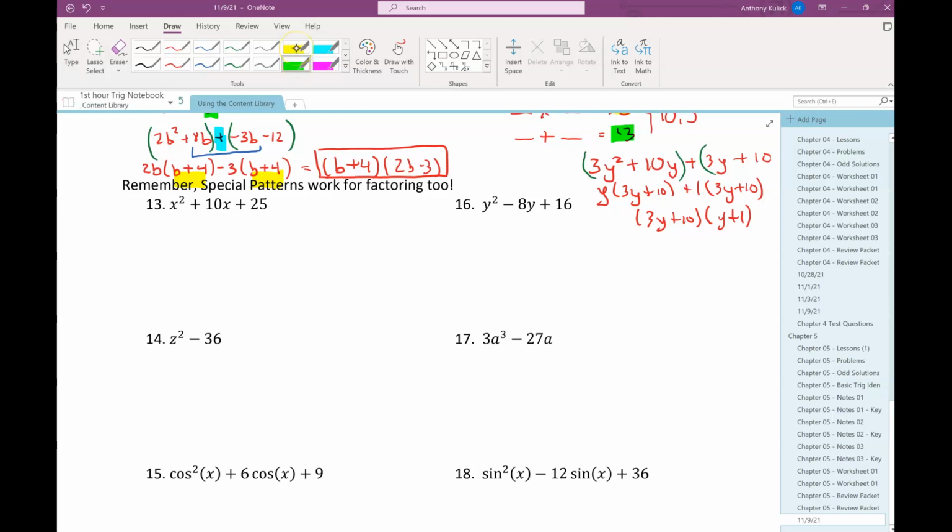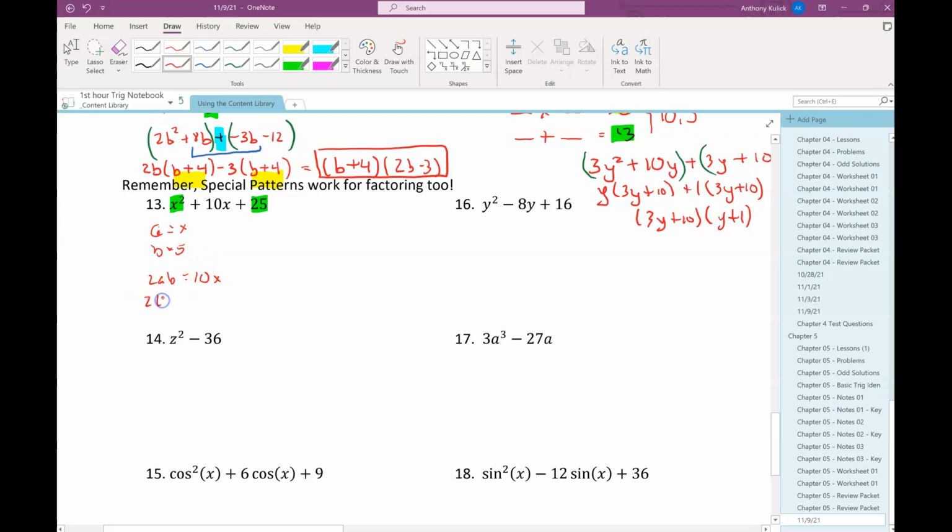So, for example, on 13, I see that I have a squared thing at the beginning and the end. So potentially A could be X, B could be 5, and then to check, 2AB needs to be equal to 10X.